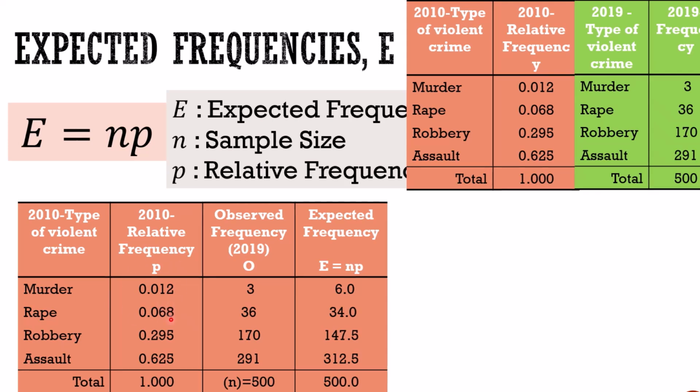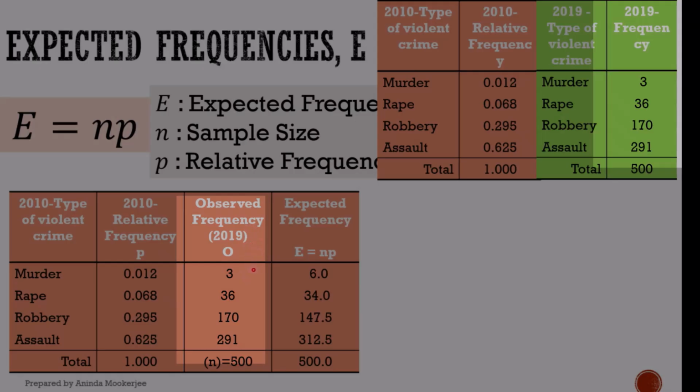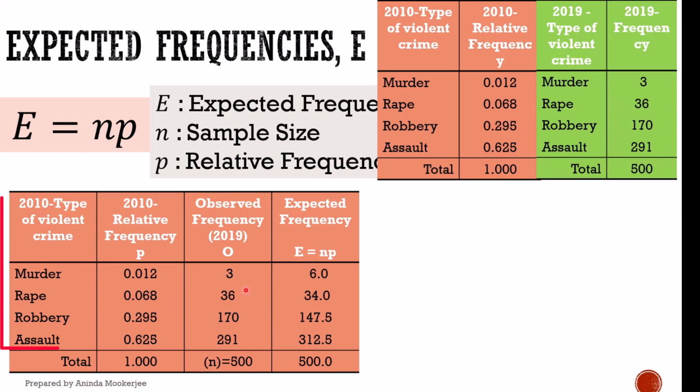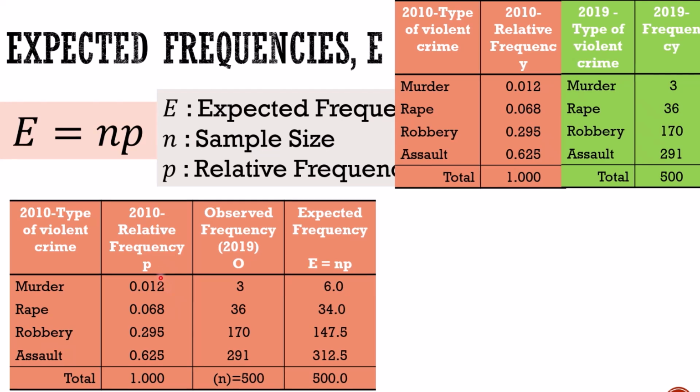For the next column, the third column, these values will also be given to you. These are the observed frequencies, and these are the frequency values, correct? So that's the third column. So the first 3 columns were pretty much given to us. No calculation was needed. The fourth column is where we find our expected frequency using the formula E equals N times P. Correct?